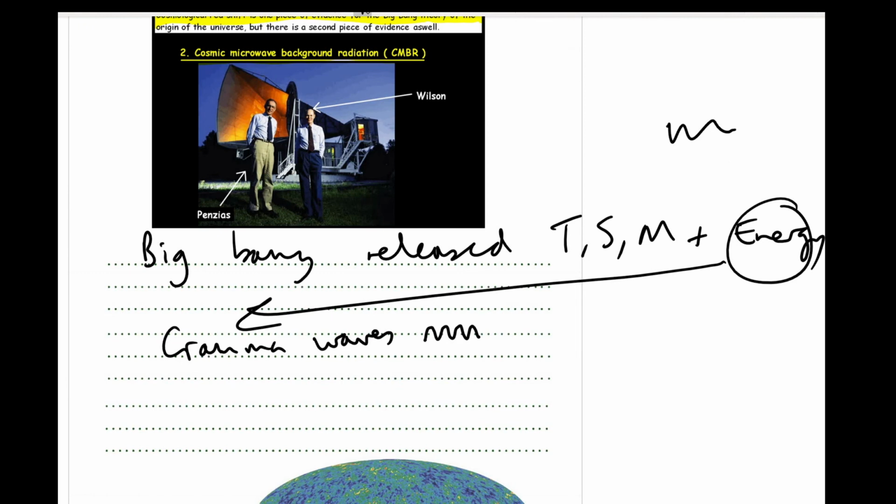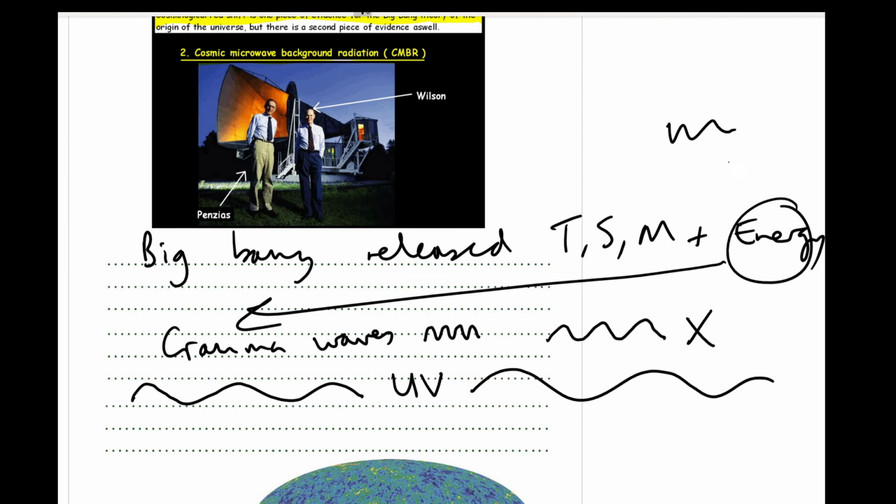Over time, redshift caused these gamma waves to increase in wavelength, passing from gamma waves into X-rays, from X-rays into UV, then into visible light. So the universe must have been bathed in visible light for some time. Then infrared, and then finally cosmic background microwave radiation, so microwaves.